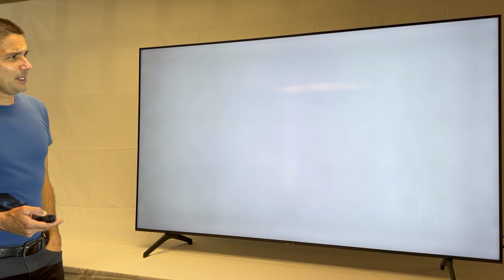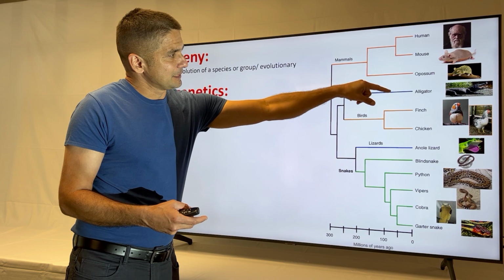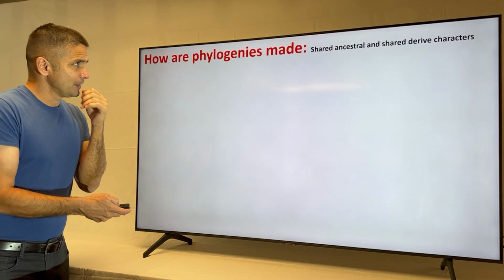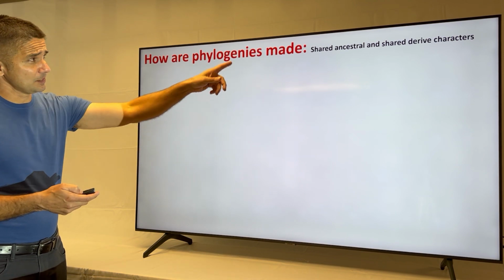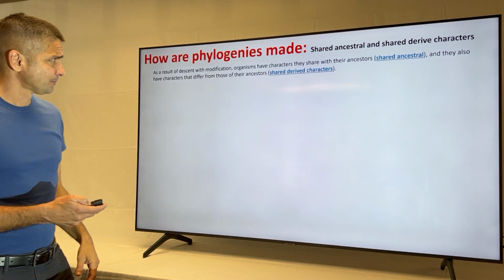So how are these phylogenies done? How is it that you manage to create these trees that lead to the phylogenies? Well, there are different ways to do that. One is what is called shared ancestral or shared derived characters.